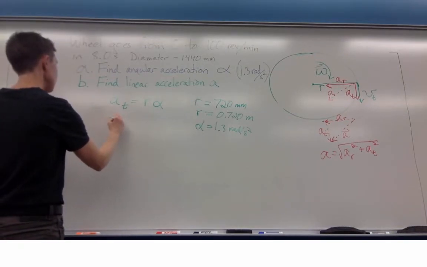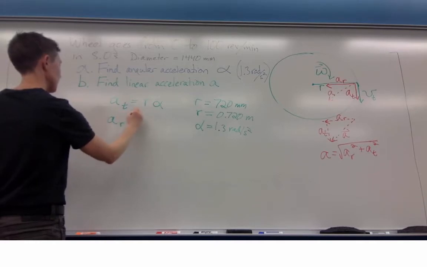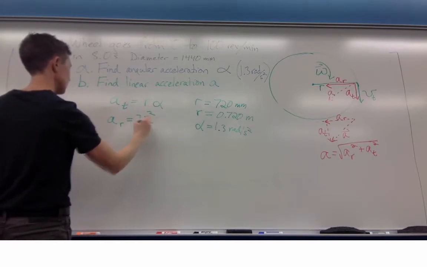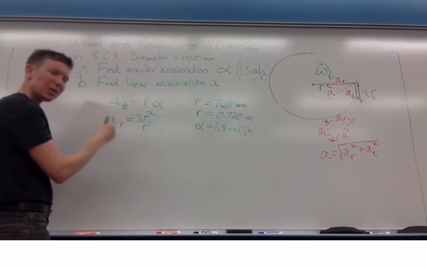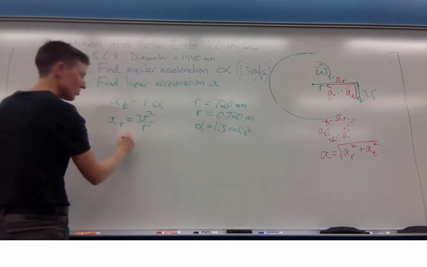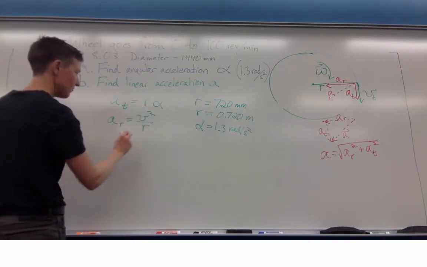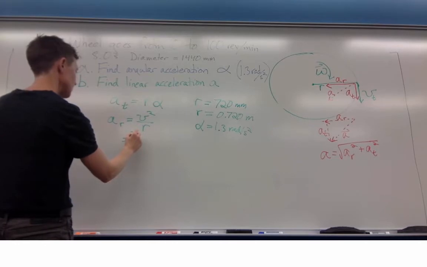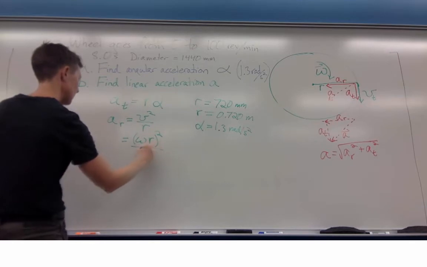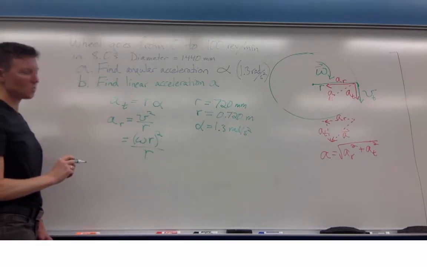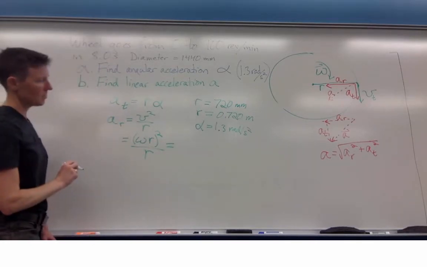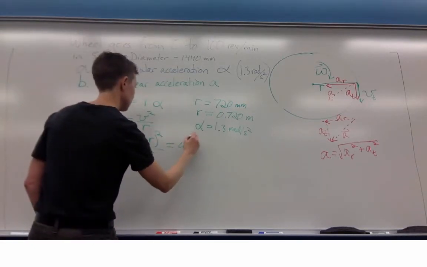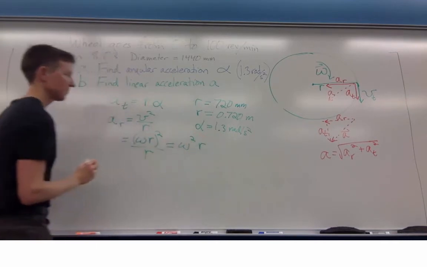The radial acceleration is equal to v squared over r. And we found omega, not v. So instead of redoing more math, let's just do some algebra. Rather than v, we're going to substitute v equals omega times r, squared, divided by r. So v equals omega r. And that becomes omega squared times r.